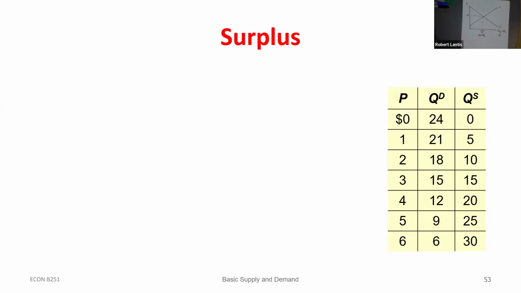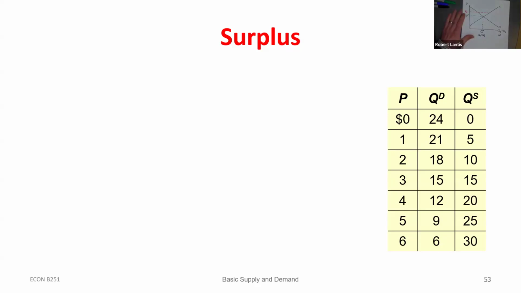Now I have to remember what order I did the slides in. Hold on. I think I did surpluses first. Yeah. So let's think about, for whatever reason, if the current price, and I'll say H here, like a hypothetical price, was above where we know that equilibrium price should be. What's going to be the case?